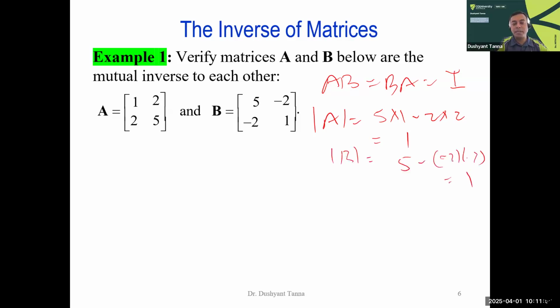We just want it non-zero. So the determinants of A and B are non-zero, and therefore the inverse exists. You can also do it in a proper way: A times B is identity, and so is B times A. Just give it a try.